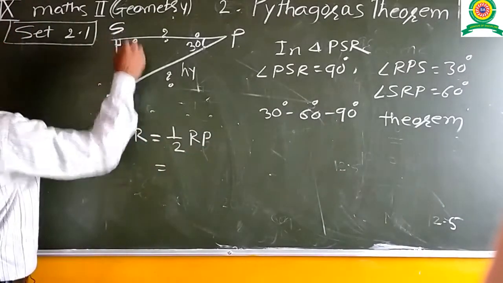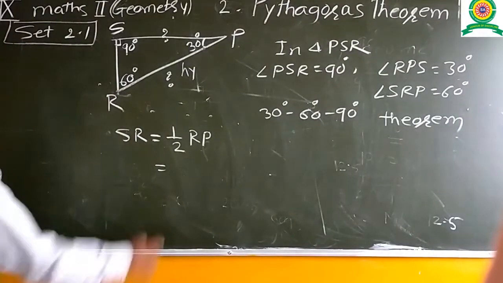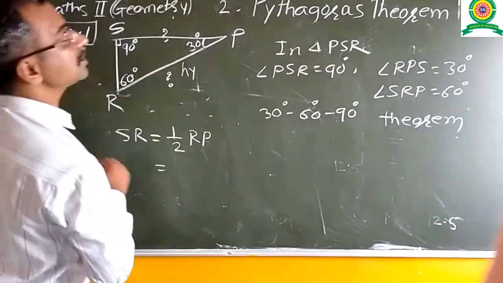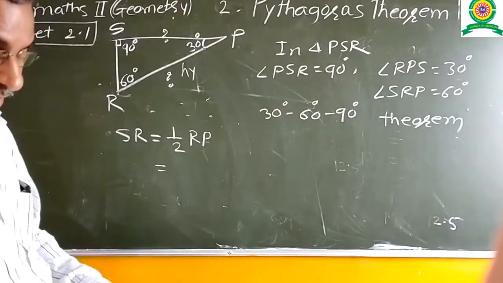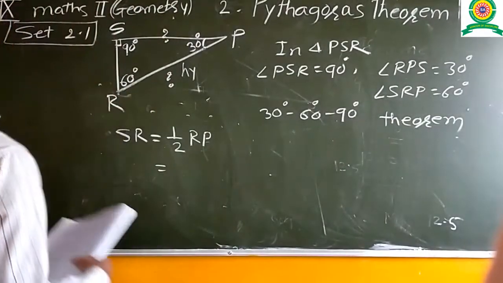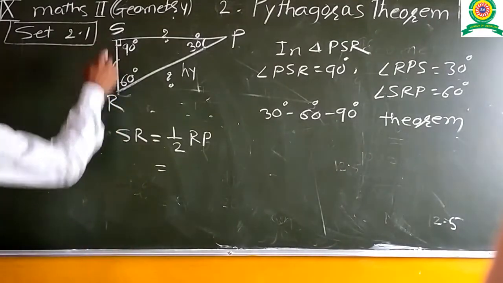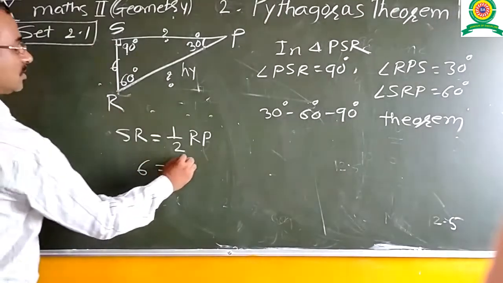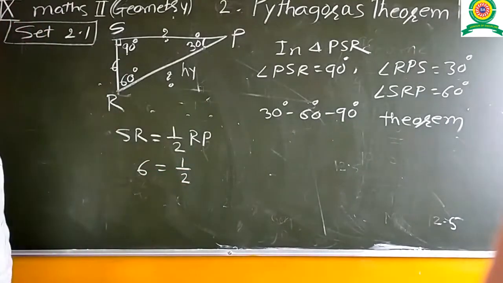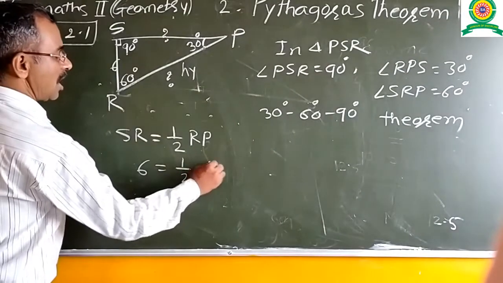Therefore, the value of SR is given as 6. So 6 is equal to 1/2 into RP.